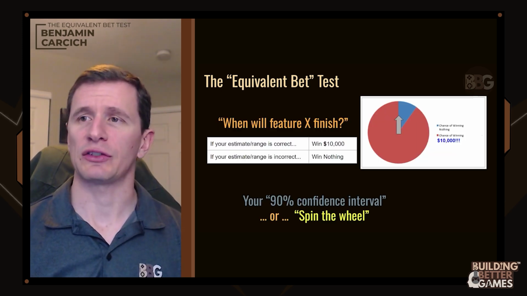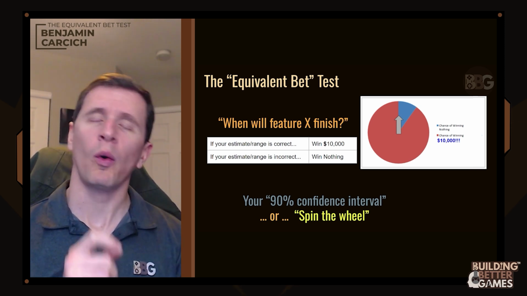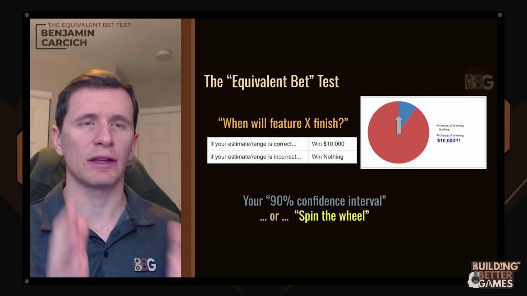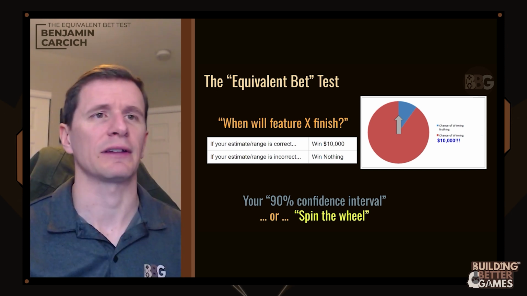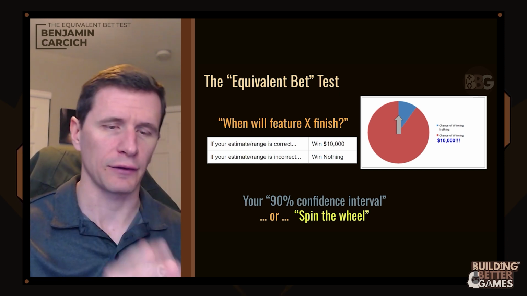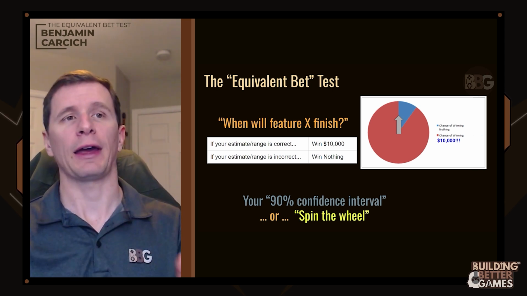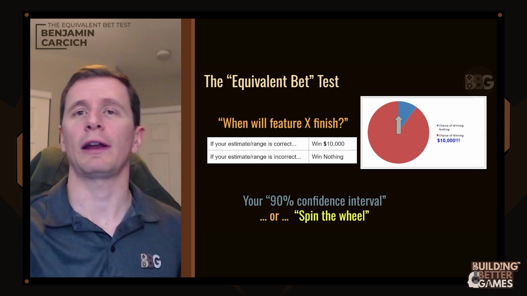I want to combine these two scenarios. So imagine your boss told you that you could either spin the wheel or go with your estimate. So you took this range, you'd given a range of when you thought feature X would finish, you weren't allowed to change anything, but he said you'd win $10,000 if you were correct, or if you were incorrect and the feature finished outside of the range you gave, then you would get nothing. But he also said, here's this wheel. You're also welcome to just spin this wheel right now.